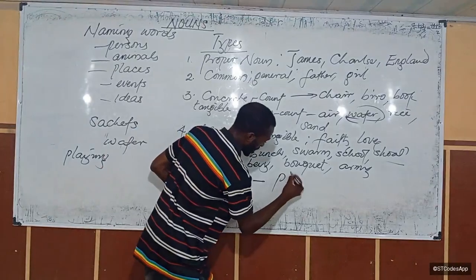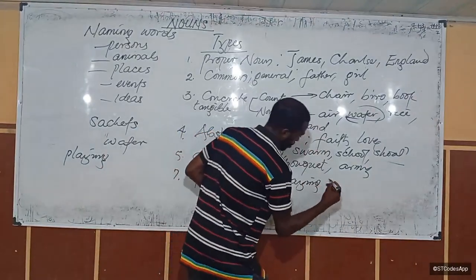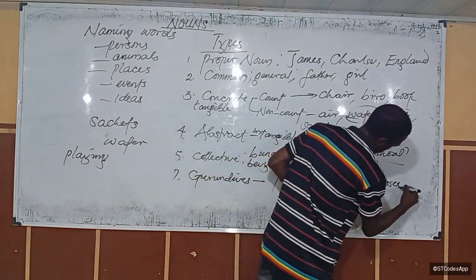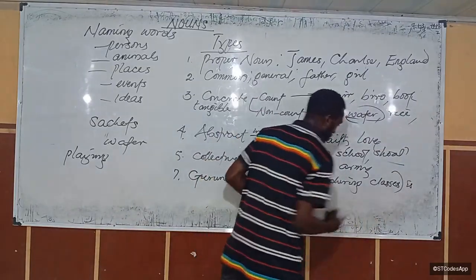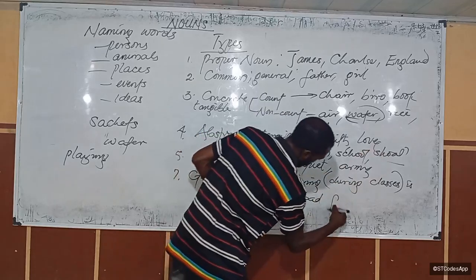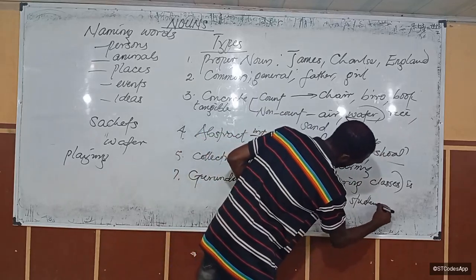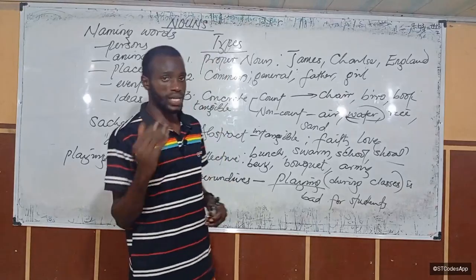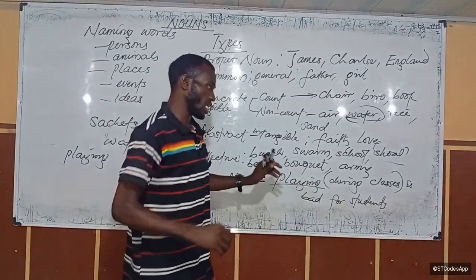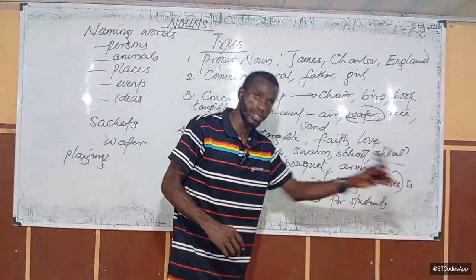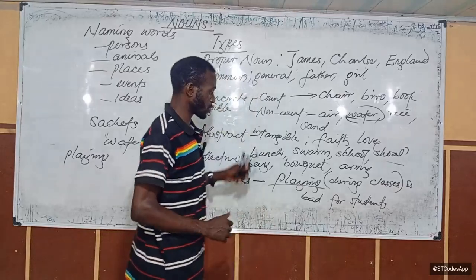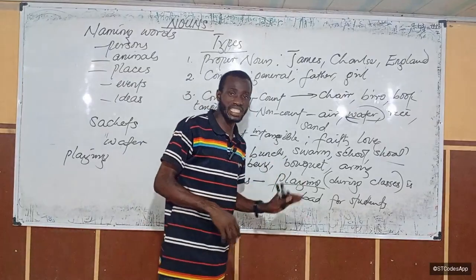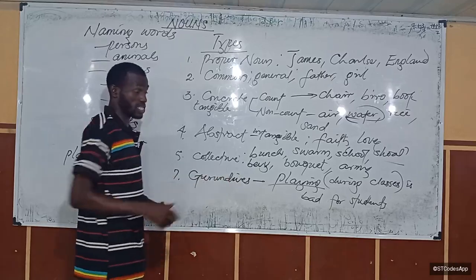But in a sentence like playing is bad for students, playing here is a gerundive noun. Eating fast is good, or eating slowly is bad. Eating there is going to be a noun. So we call those kinds of nouns gerundive nouns.